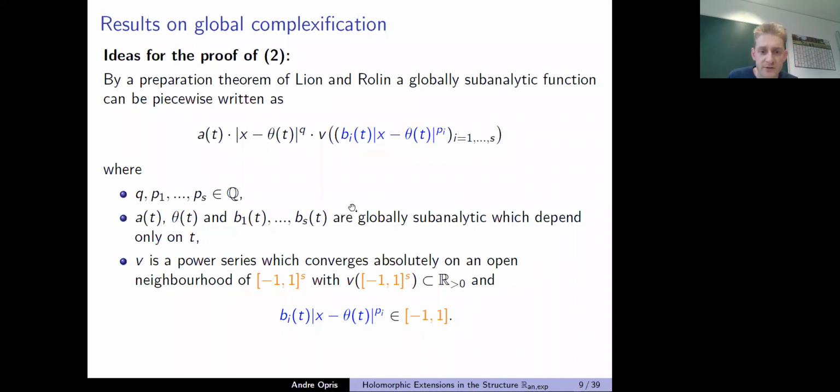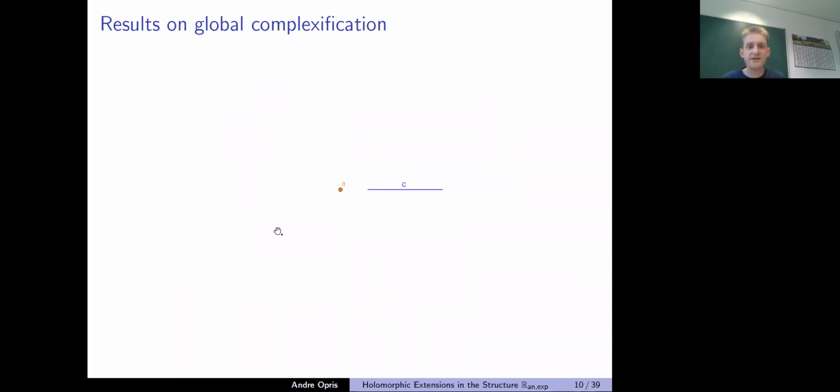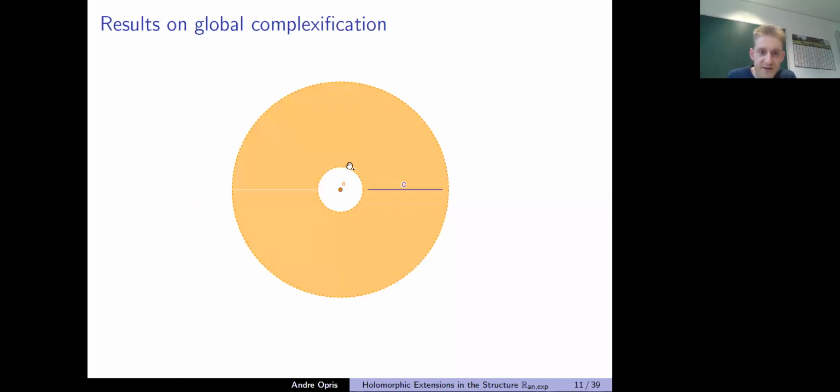And I want to show you the idea in more detail. If you have this cell C, and the center theta of this preparation, then you can compute a holomorphic extension in x in order to obtain such an orange set, which defines the domain of the extension.